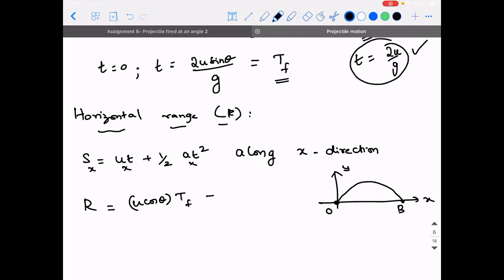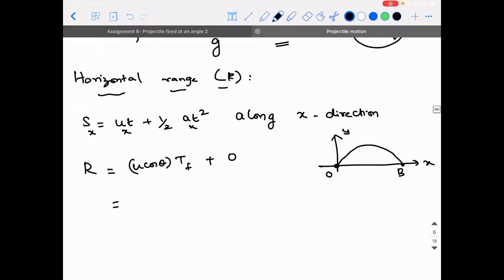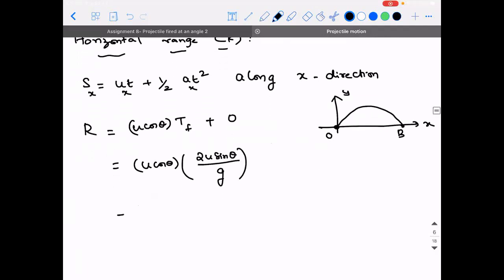Is it not the time of flight, plus the acceleration along x direction is 0? So this will be u cos theta into the time of flight, which is 2u sin theta the whole divided by g, and this will be 2u square sin theta into cos theta the whole divided by g.